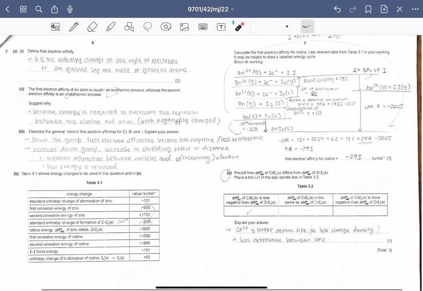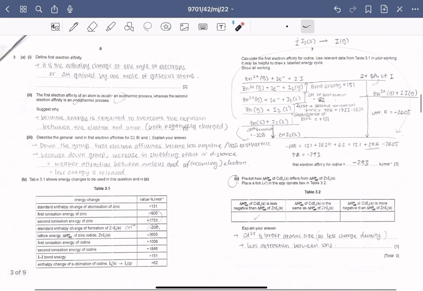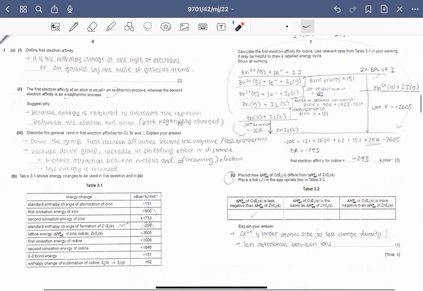Next we need to calculate the first electron affinity for iodine. Use relevant data from Table 3.1 in your working, and it may be helpful to draw a labeled energy cycle. This energy cycle usually has a base which starts with ZnI2 solid, the main product.